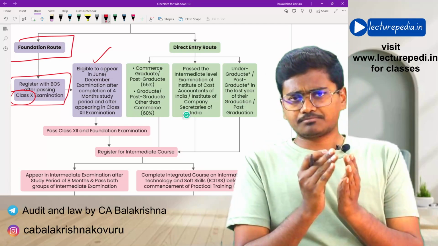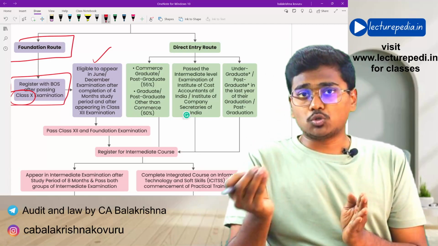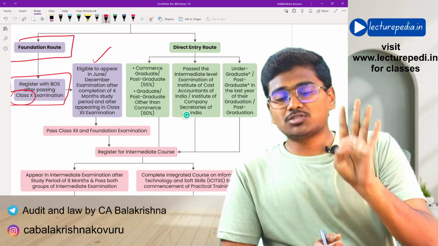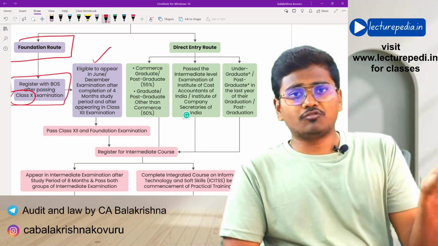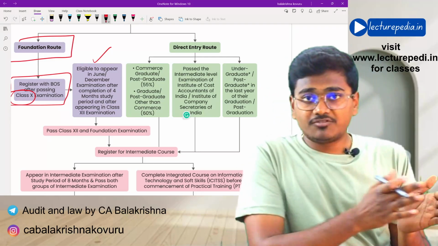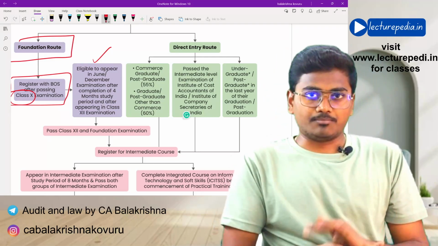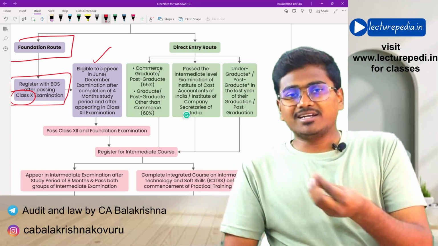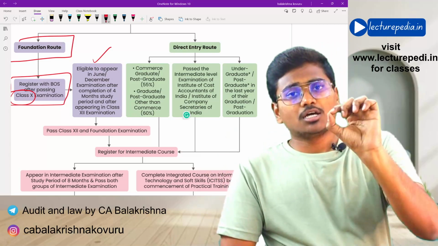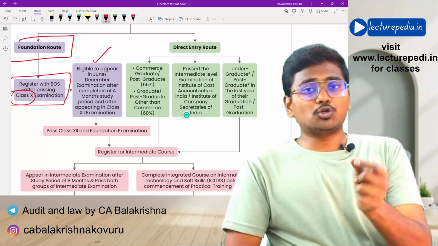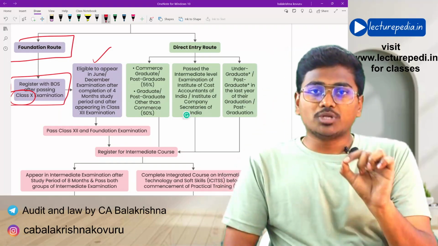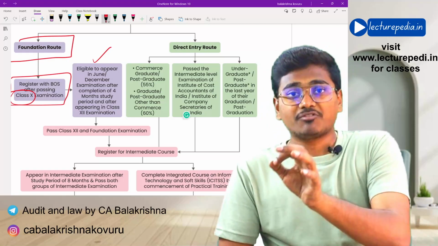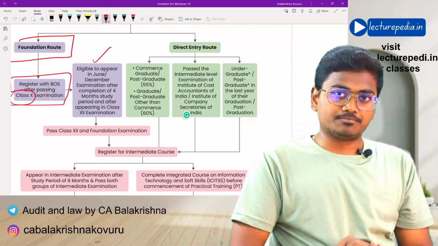Basically, to appear in the foundation examination, you need to have 4 months of study duration. From the date of registration, you need to wait at least 4 months. The criterion to register with BOS is 10th class qualification, and to appear in the foundation, you need to complete class 11 and appear for the class 12th examination.